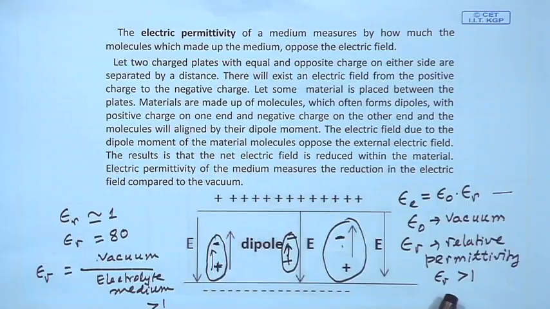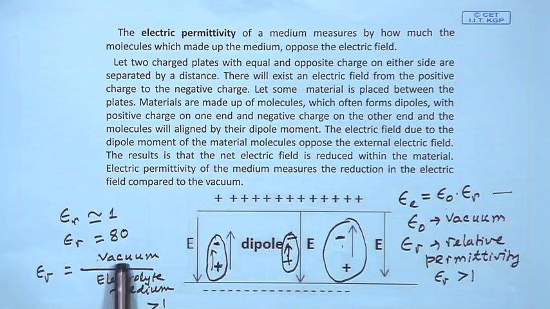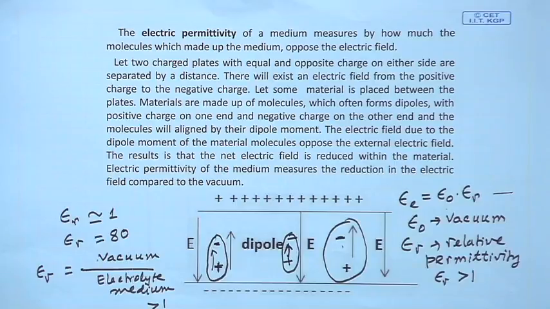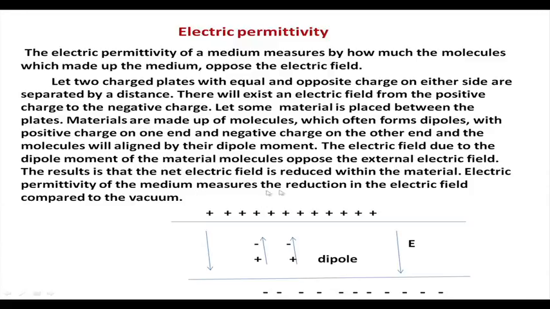This epsilon r is greater than 1, and it can be defined through the force when two point charges are placed in vacuum, compared with the force they experience when placed in the medium, at the same separation distance. That is referred to as the electric permittivity.